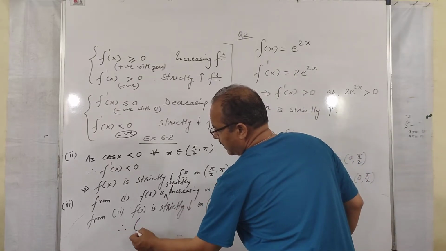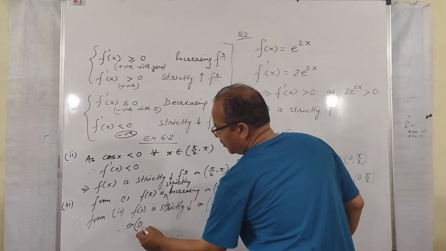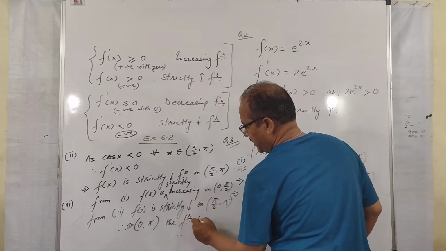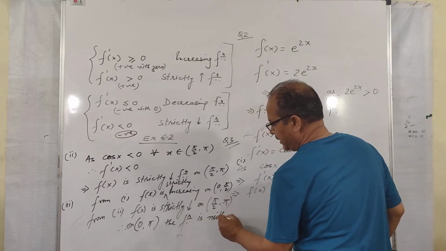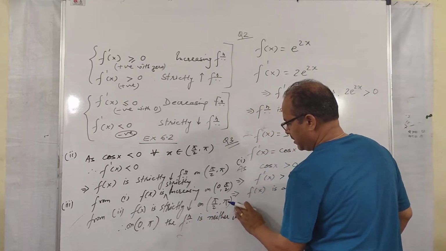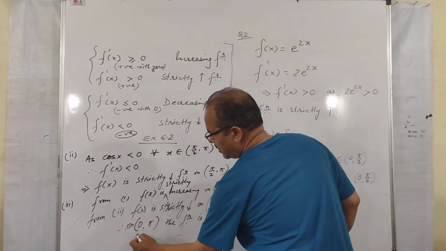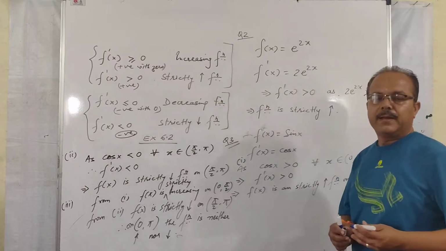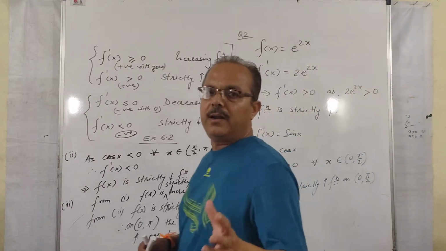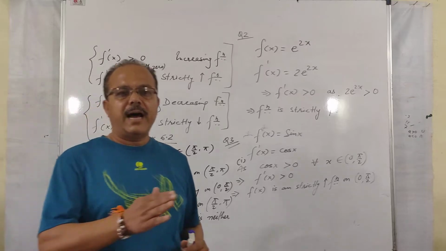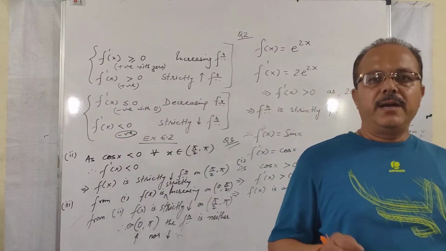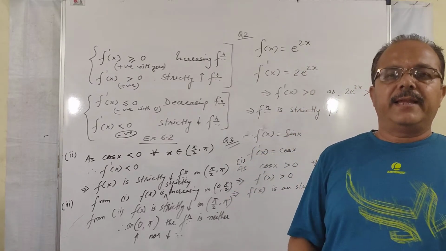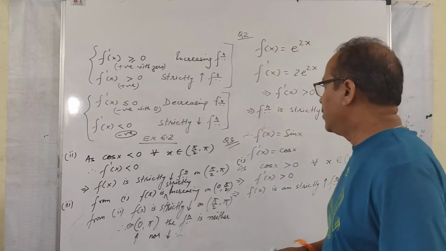Therefore on 0 to pi the function is neither increasing nor decreasing. So when we talk about it as a whole from 0 to pi, because in the half interval it is an increasing function, in the half interval it is a decreasing function, so we will say that it is neither increasing nor decreasing from 0 to pi.